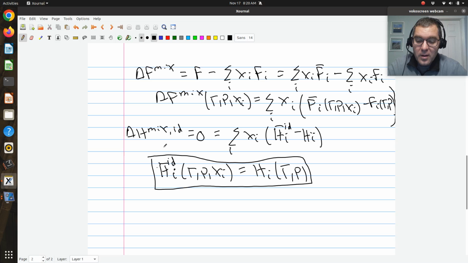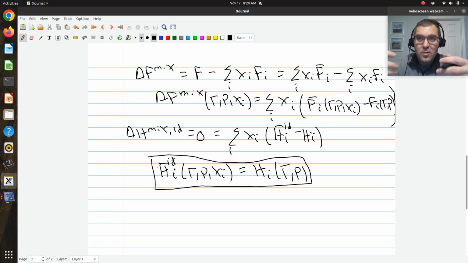But again, in an ideal solution, we have a system in which our molecules are interacting, but all of those interactions are exactly the same. So when I have a system of pure component A, all those molecules are interacting in exactly the same way. I have just AA interactions, and all of them are the same. When I put in a solution with B, still all of the interactions are exactly the same.